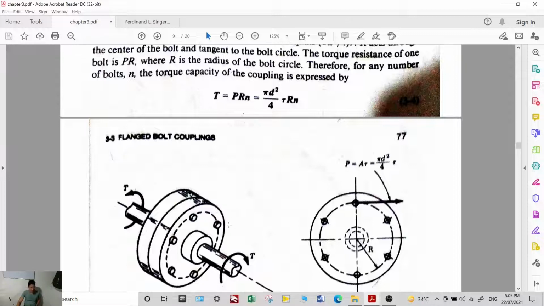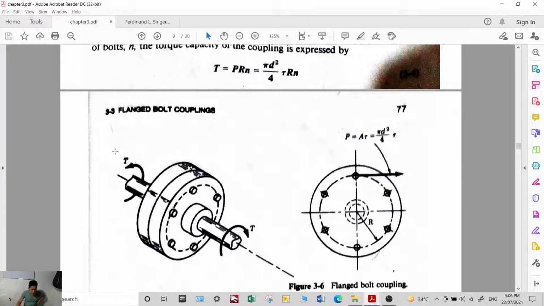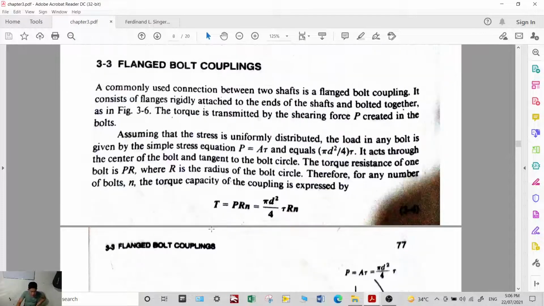Okay, now in order to connect these two shafts, you need to weld the first shaft into a flange, as well as the second shaft or the driven shaft in a flange also, and then you connect these two flanges with a bolt. Okay, so ang tawag rin anin niya is a flange bolt coupling.